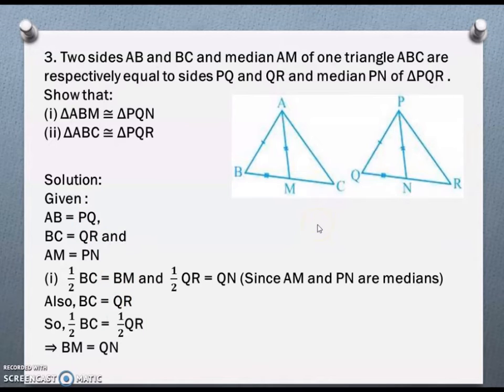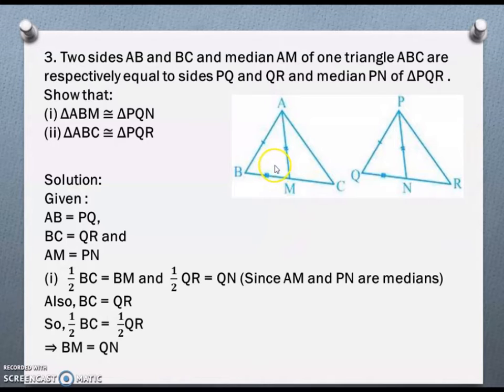Half of BC and half of QR will also be equal to each other, just multiplying both sides by half. Now half of BC is nothing but BM and half of QR is nothing but QN. So I can say that BM and QN are also equal.